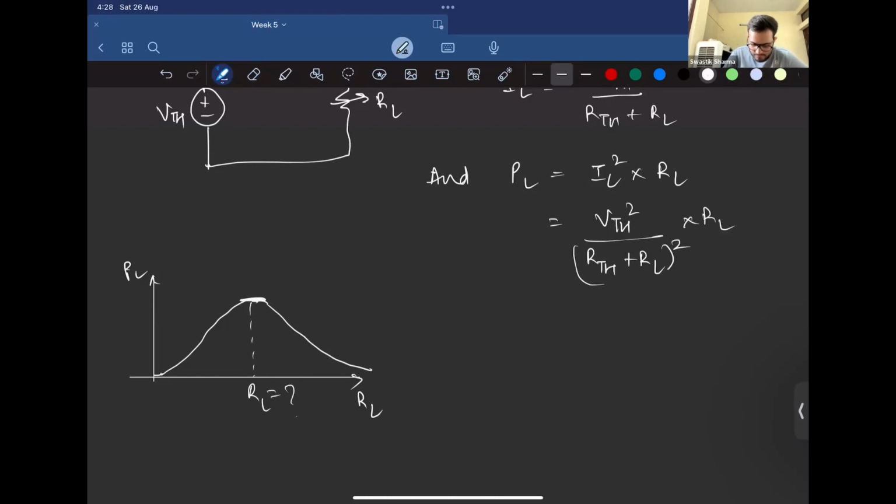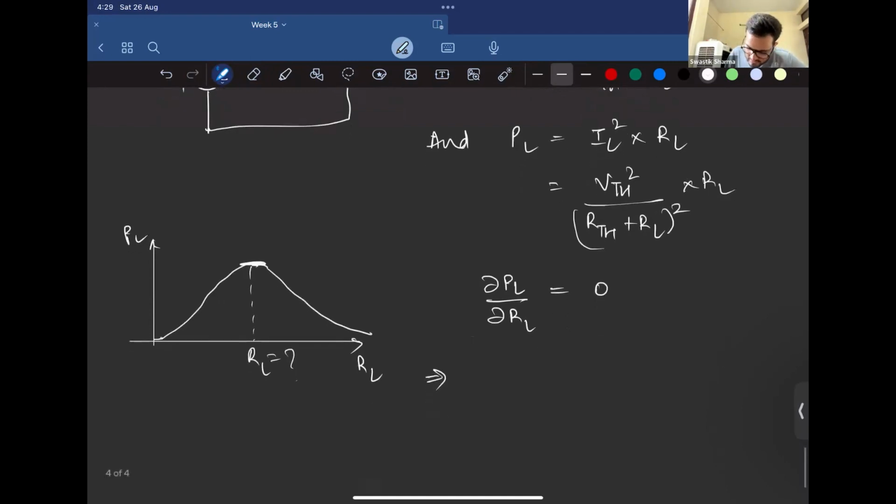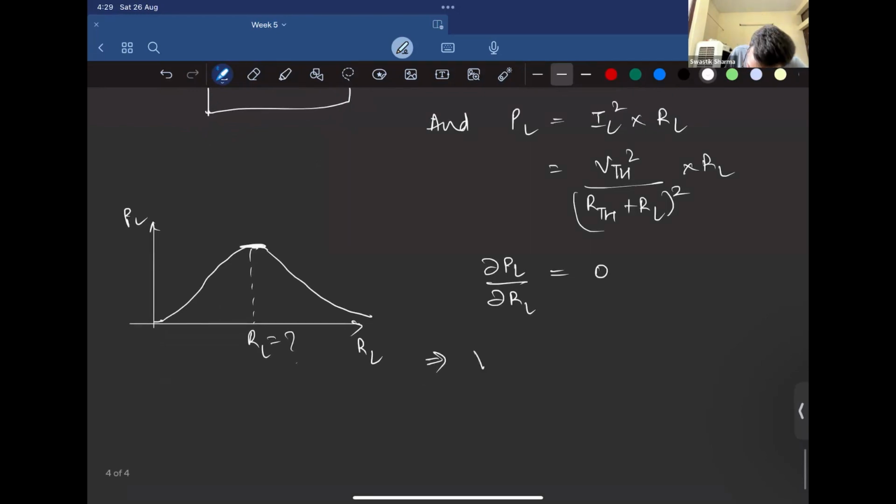So how do we do that? As you can see at this point, the slope is zero, right? As slope is the differentiation of that curve with respect to RL, we'll equate it to zero, right? So using the differentiation formula, we get VTH square.